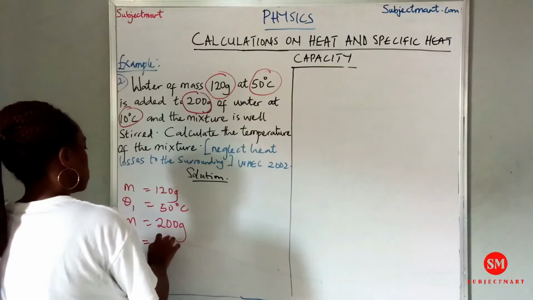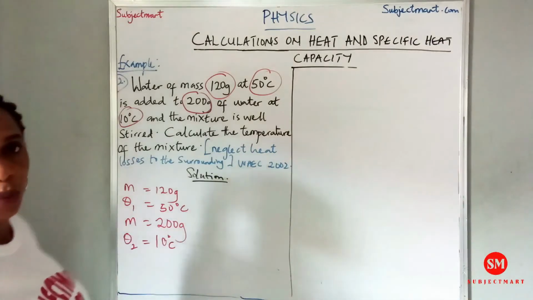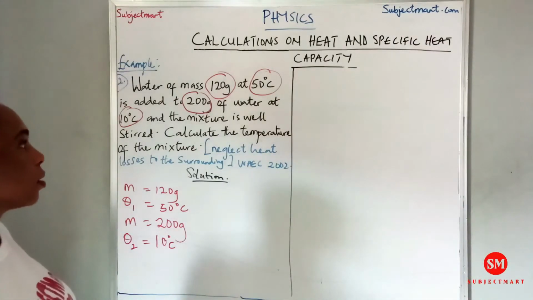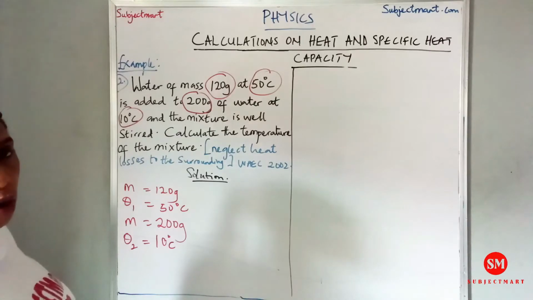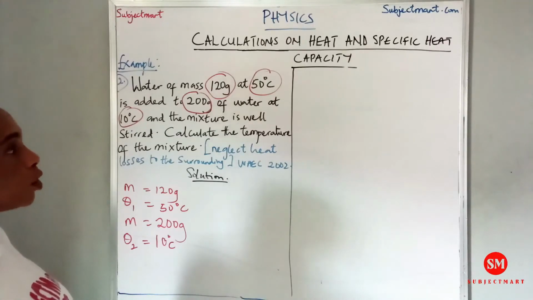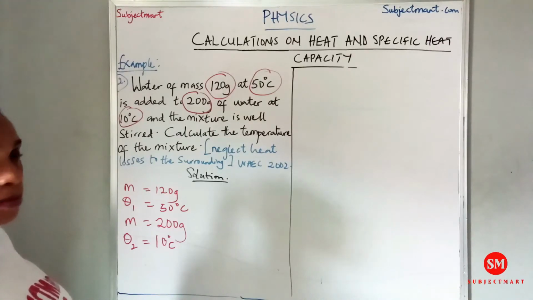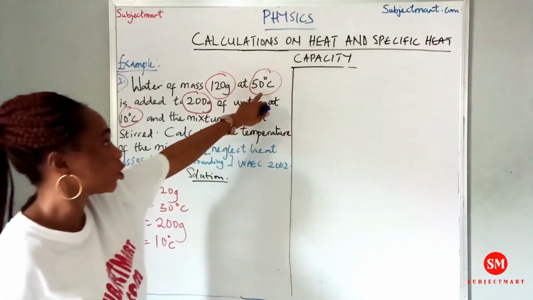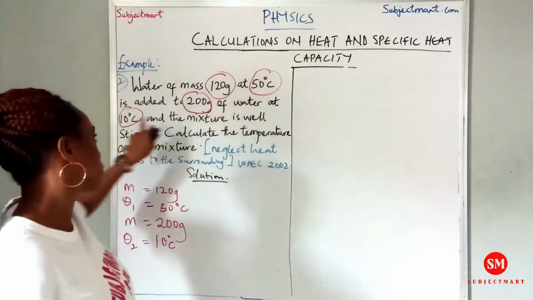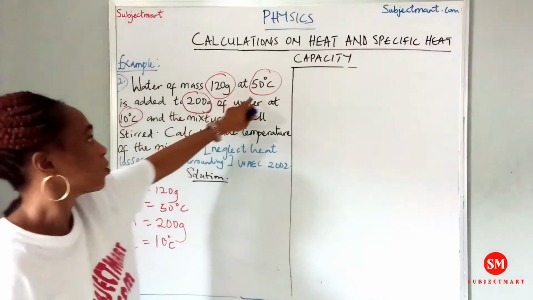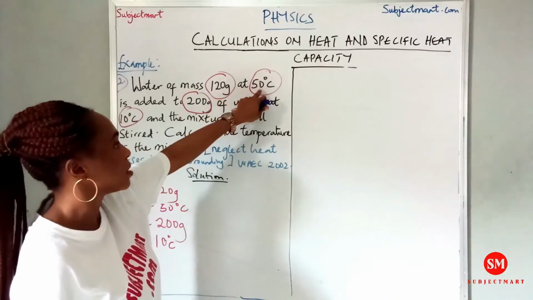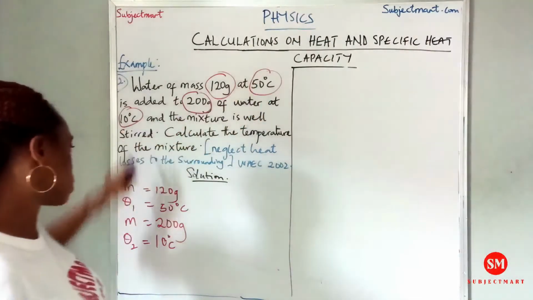Now, you know I said something earlier that to identify which is the cold or hot water, you need to compare their temperatures. So if you look at this temperature here, you see it's higher than this. So that implies this is the hot water while this is the cold water.